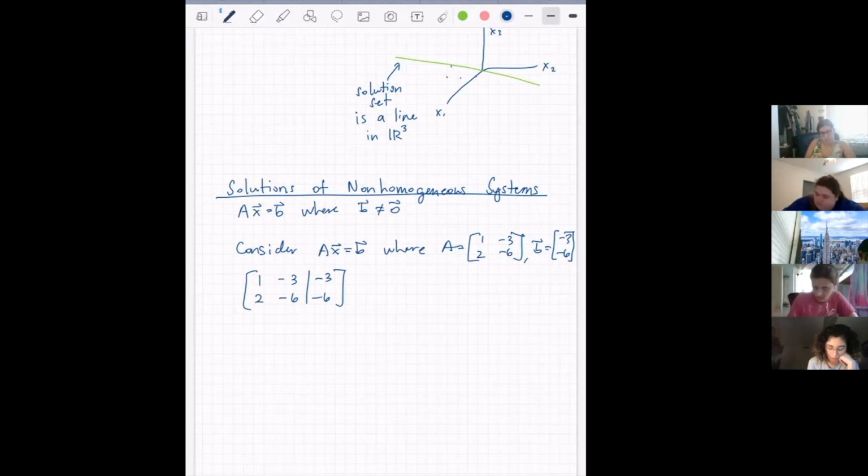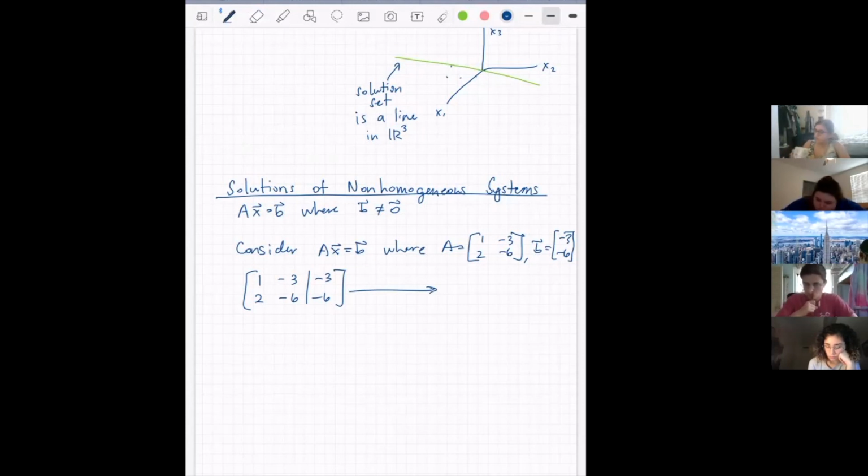And if you ever see something like that, one of the rows will go away. So we can actually write down what the row operation would be, but it's good to know that if you see a row that is a constant multiple of another, you can just write all zeros in for that row.